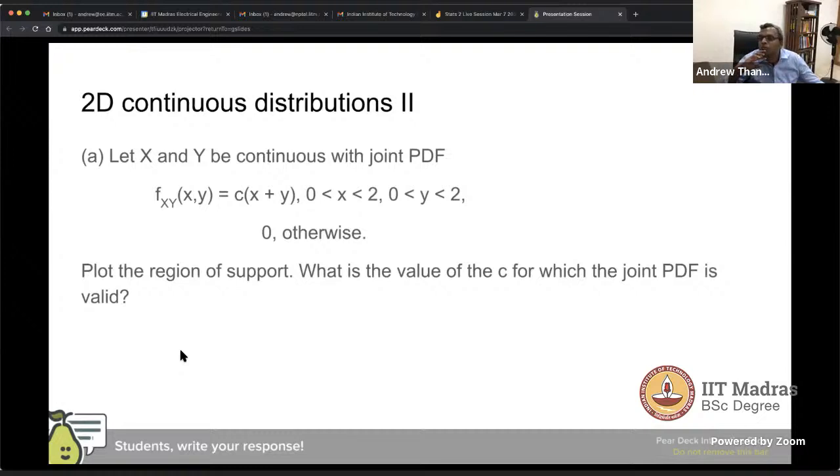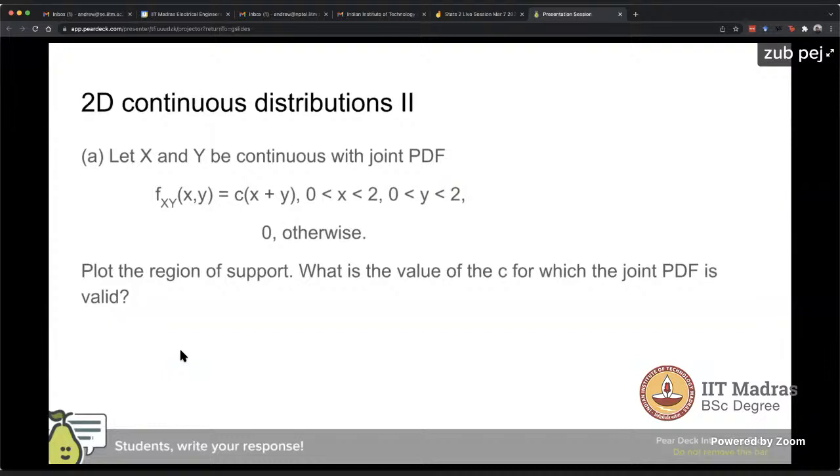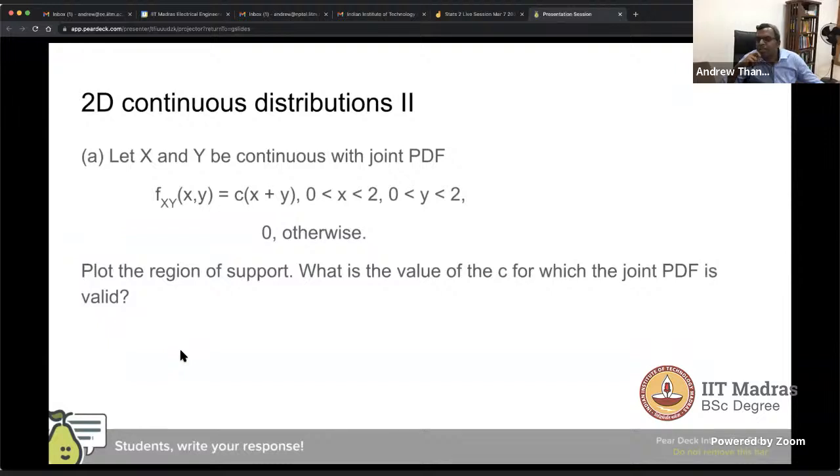So, for example, in the questions where we have to find the marginal density and the joint density is given, can we have a joint density like -24xy? No. You can never have the joint PDF at any region of support evaluate to a negative value.